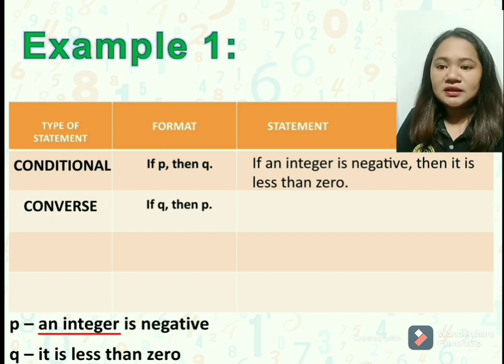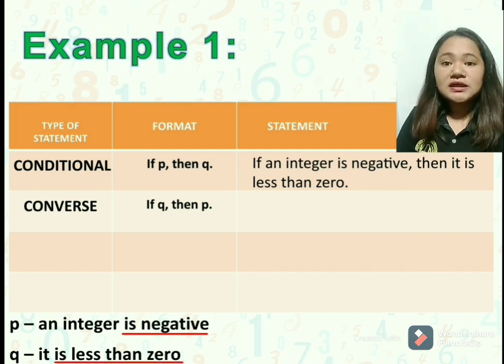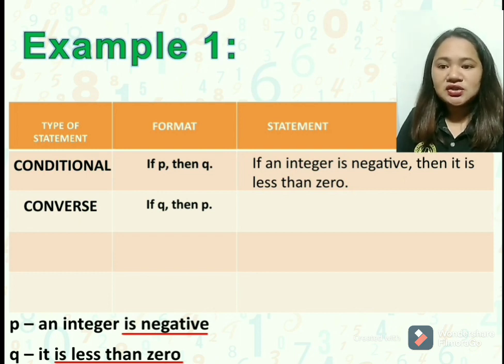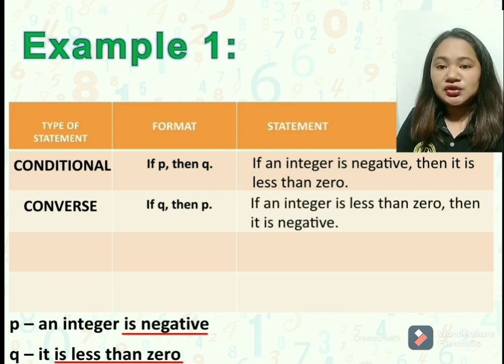The predicate is negative. In Q, the subject is it, and the predicate is less than 0. In switching P and Q, we will only interchange the predicate. So the answer is, if an integer is less than 0, then it is negative.